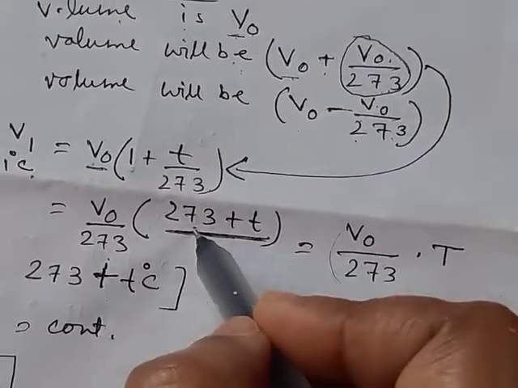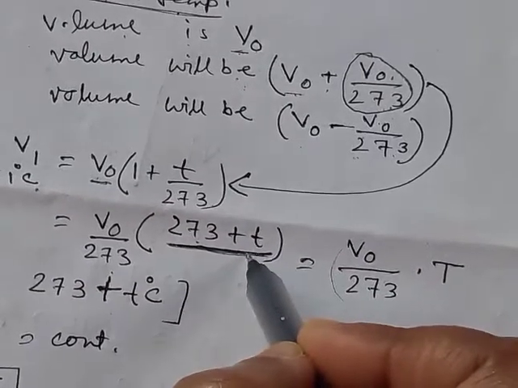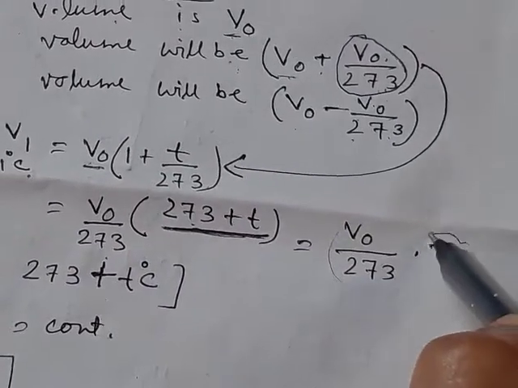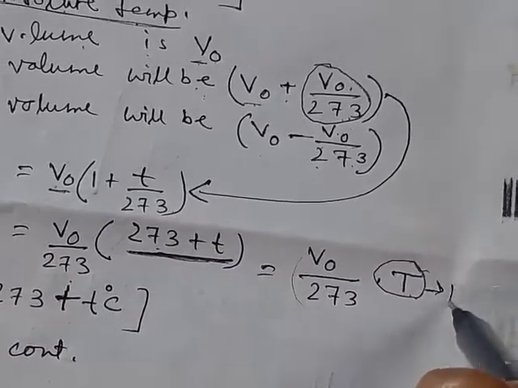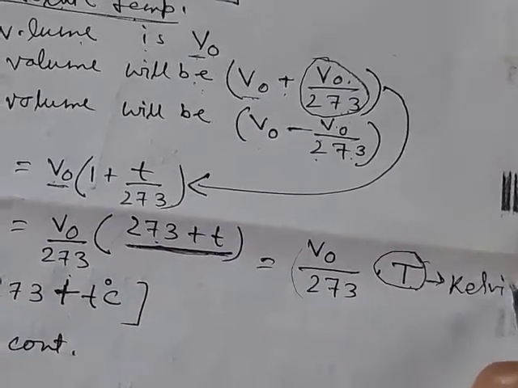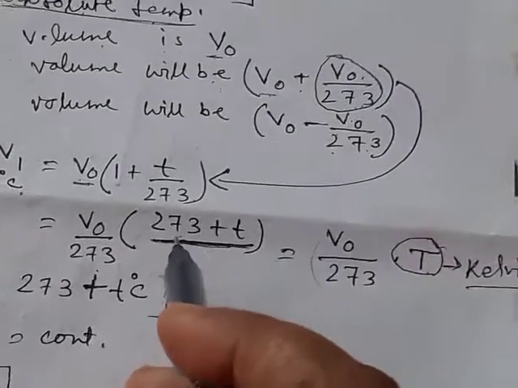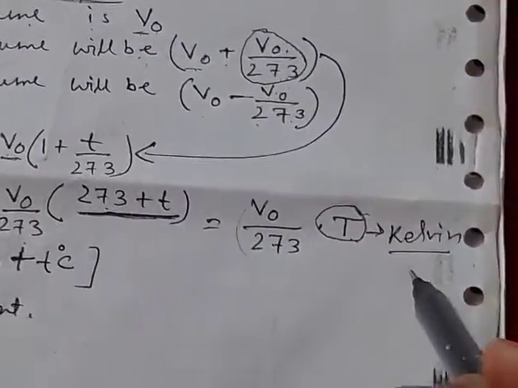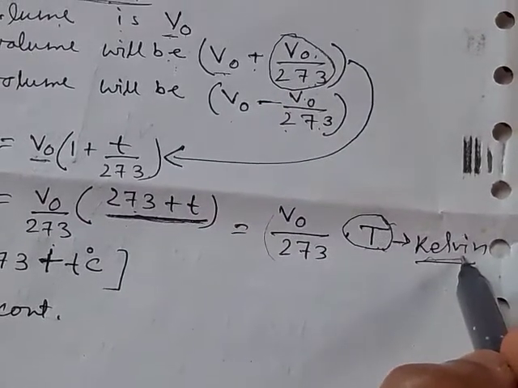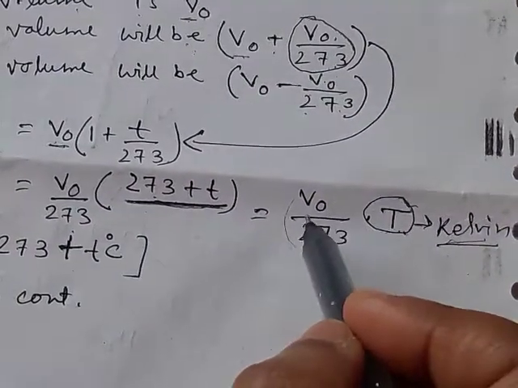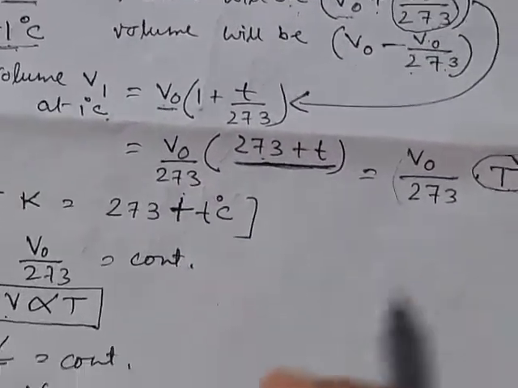Now, this factor 273 plus t is replaced by another temperature, capital T. This T is the Kelvin temperature. So, V0 by 273 into T.